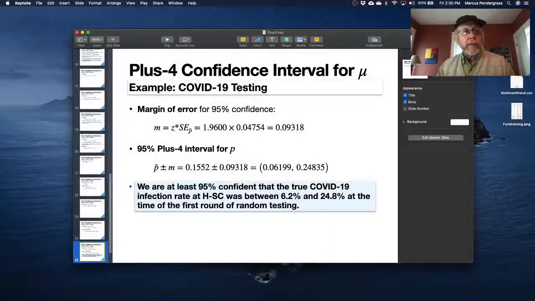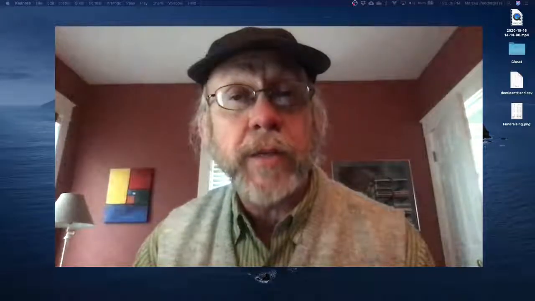So to put that in perspective, 6% is about 1 out of 16, 1 out of 17 students, and 24.8% is about 1 out of 4 students. So we're 95% confident that somewhere between 1 out of every 16 and 1 out of every 4 Hampden-Sydney students were infected at the time of that first round of random testing.